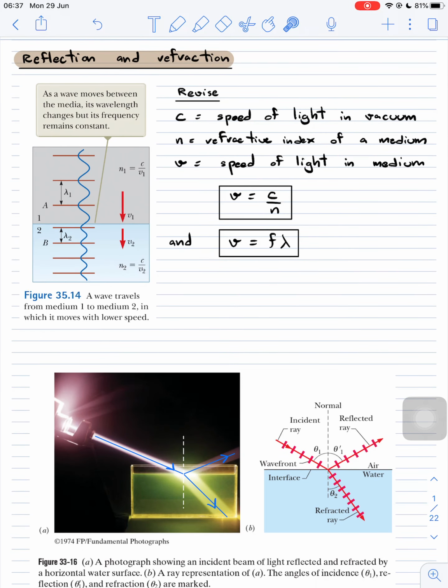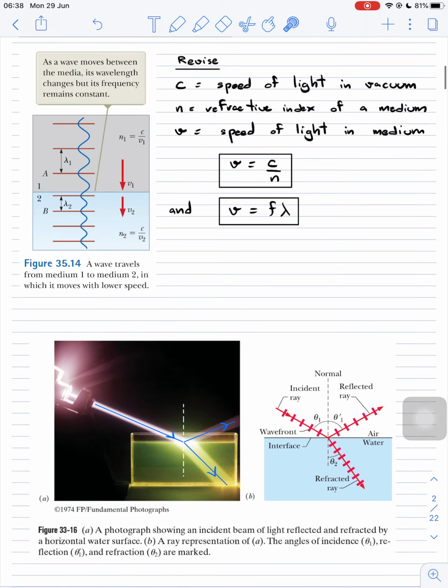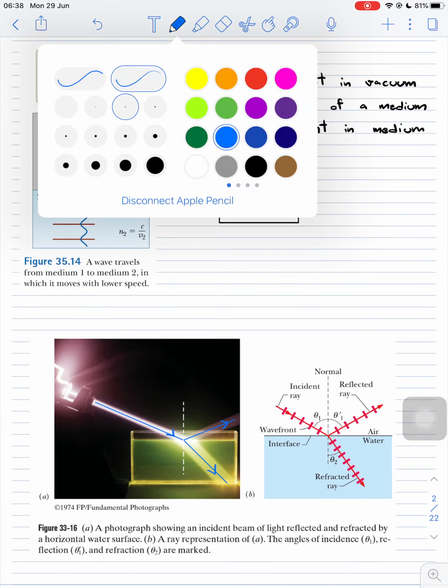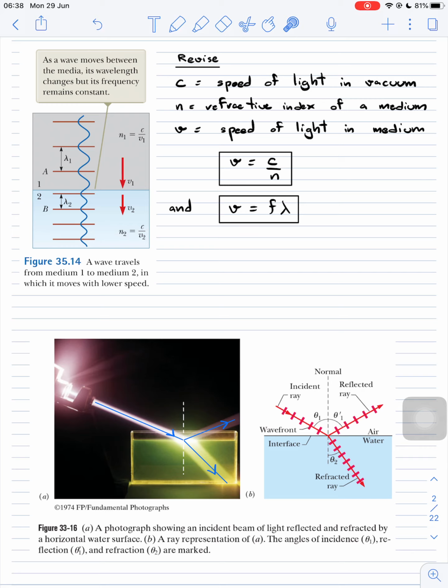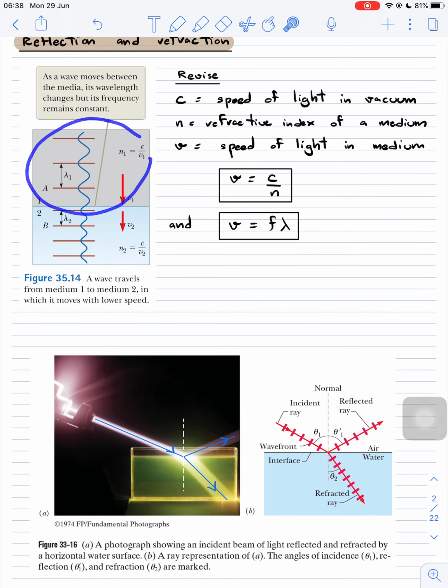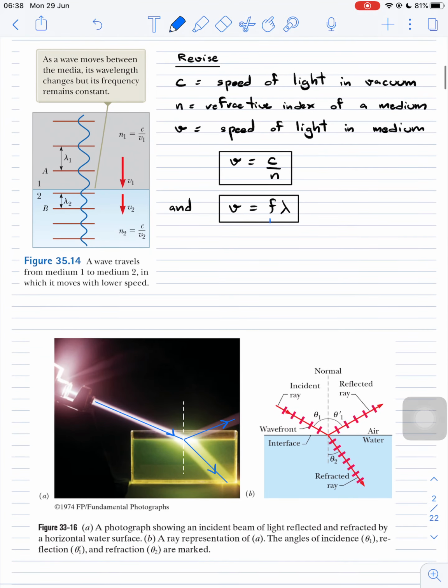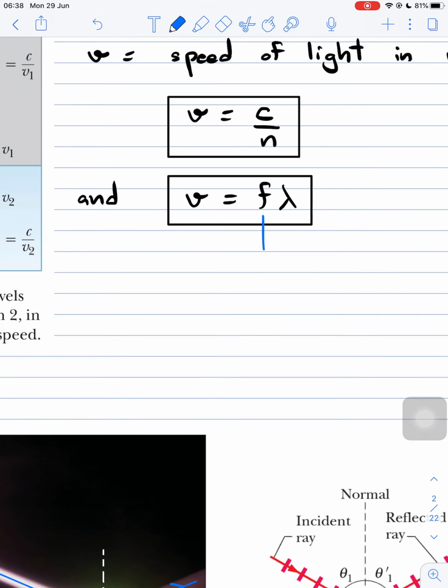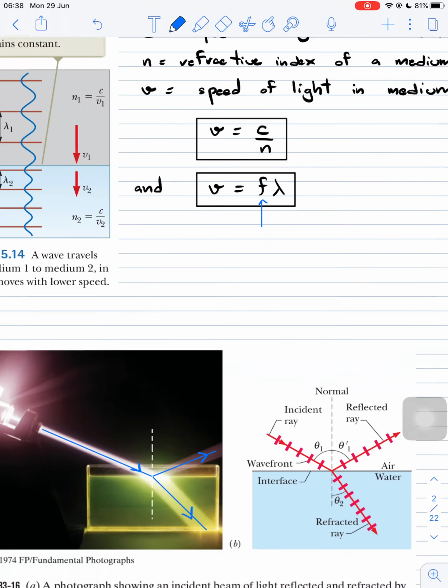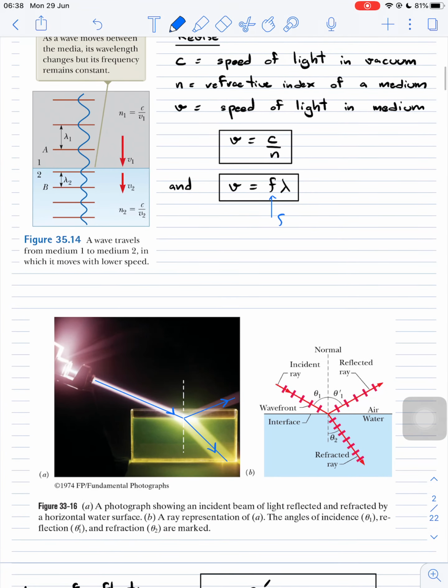And also we know that v equals the frequency times the wavelength, right? So in this case, don't forget that when the light comes from one medium to another medium, the frequency remains constant, right?